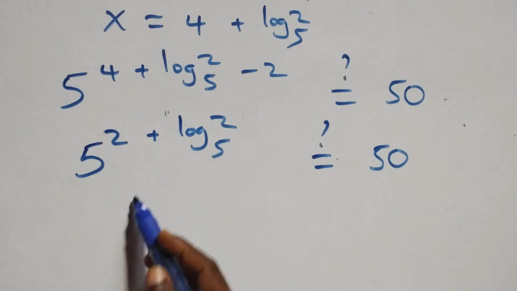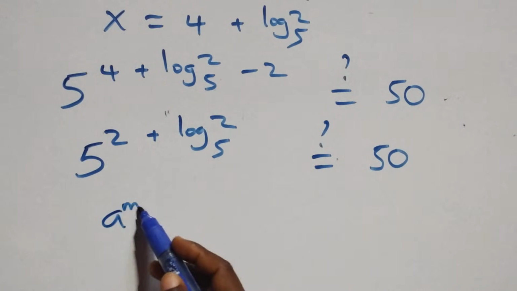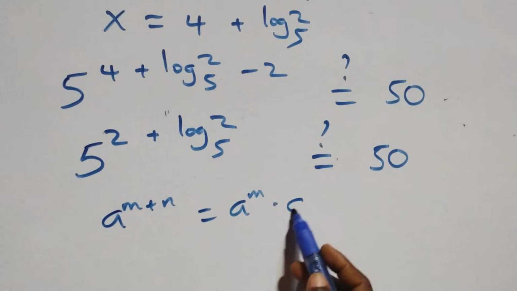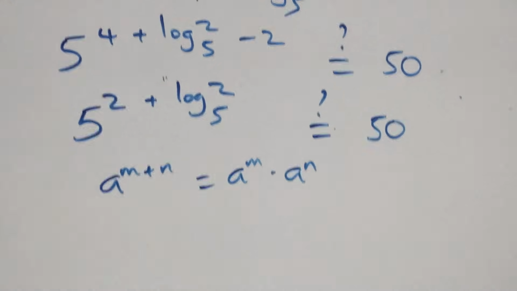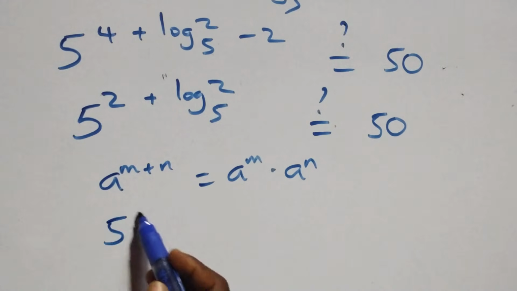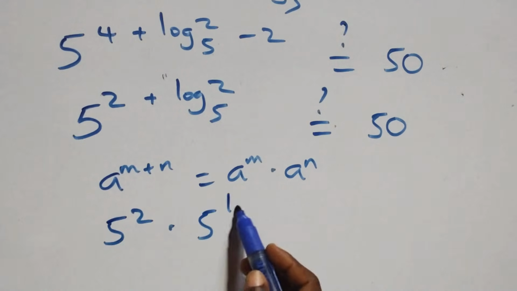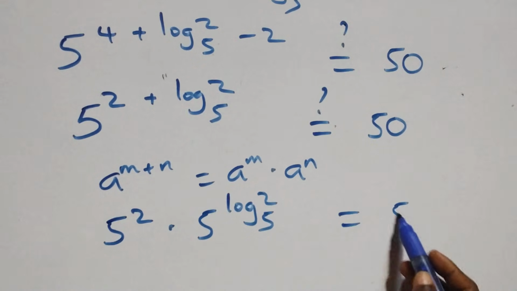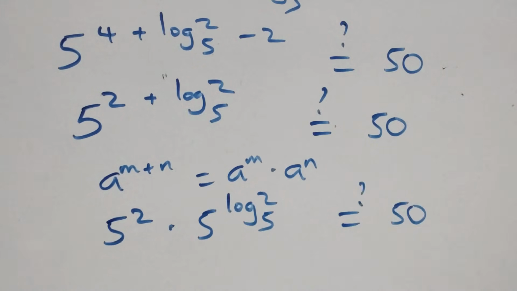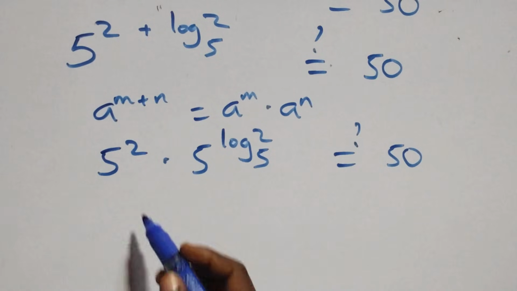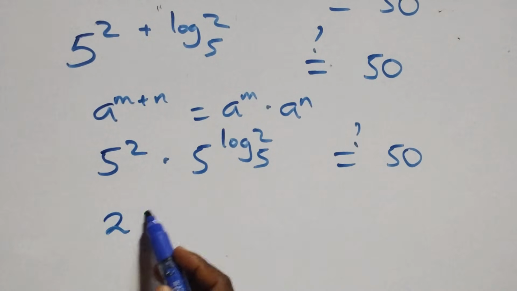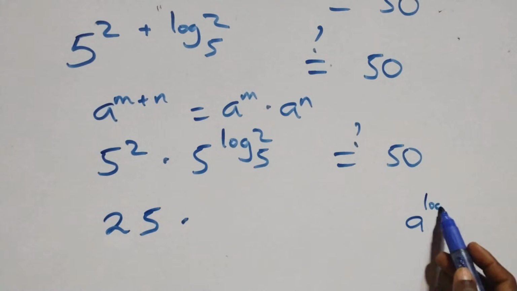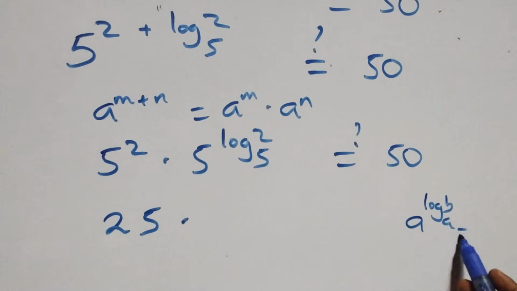This follows the law of indices. When we have a raised to power m plus n, this is the same thing as a raised to power m times a raised to power n. This here we have 5 squared times 5 raised to power log 2 base 5. 5 squared, 5 times 5, that's 25. And times, this follows when we have a raised to power log b to base a, which is equal to b.